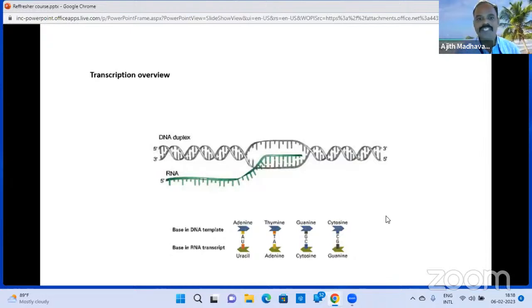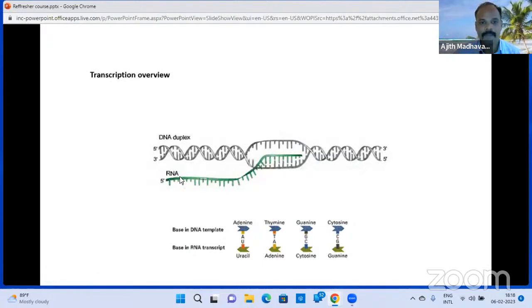Okay. Now, what is transcription? I told you, the conversion of the DNA information into RNA information is called transcription. So listen very quickly. I've already told you this is a double-stranded DNA, so from the double-stranded DNA, an RNA molecule has to be synthesized. Looking at this diagram, it gives you some important information.